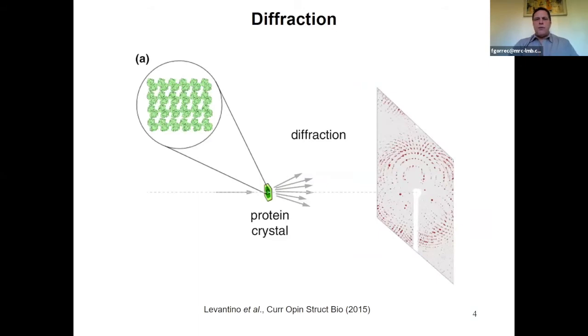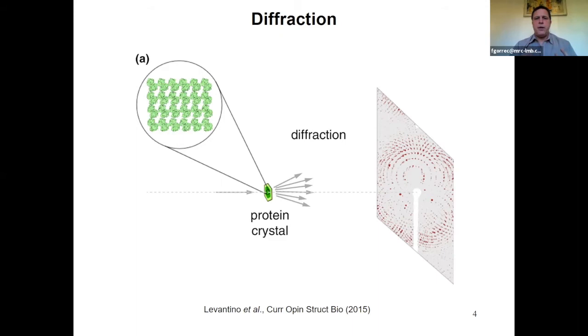Just to mention diffraction aspects here, the crystal is a periodic, 3-dimensional arrangement of macromolecules. In that sense, it's an amplifier of the weak X-ray scattered by the crystal, as long as the conditions of Bragg's law are respected.